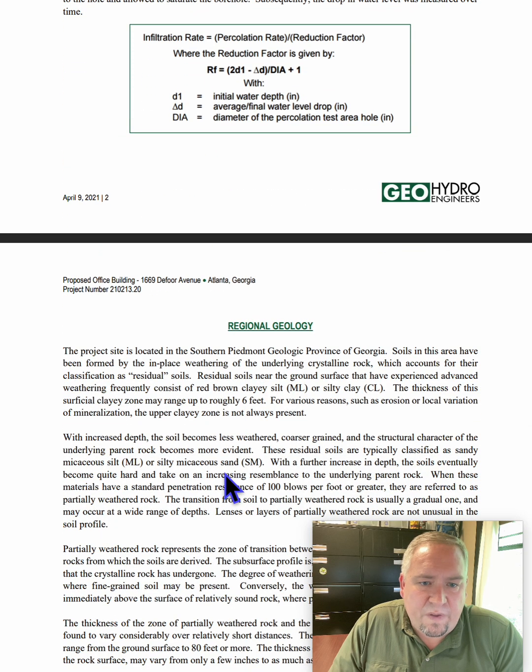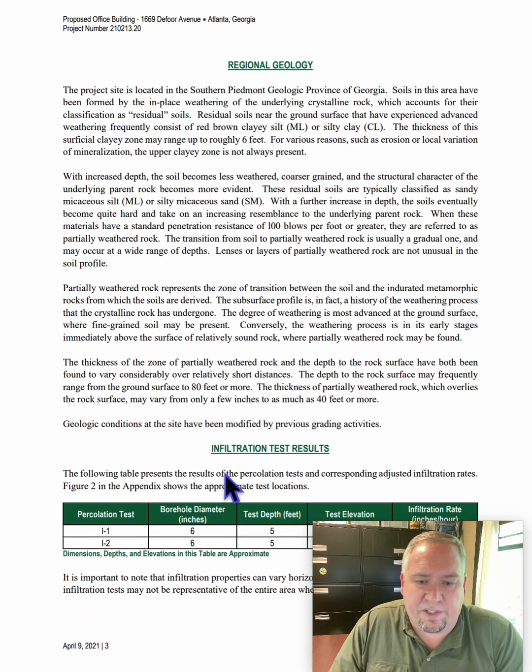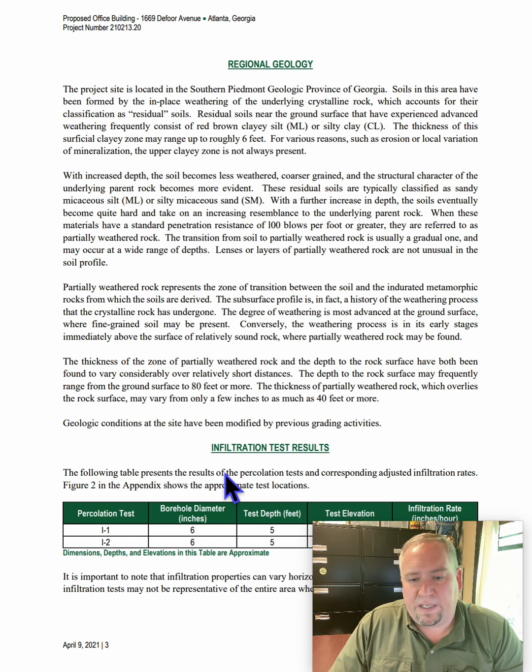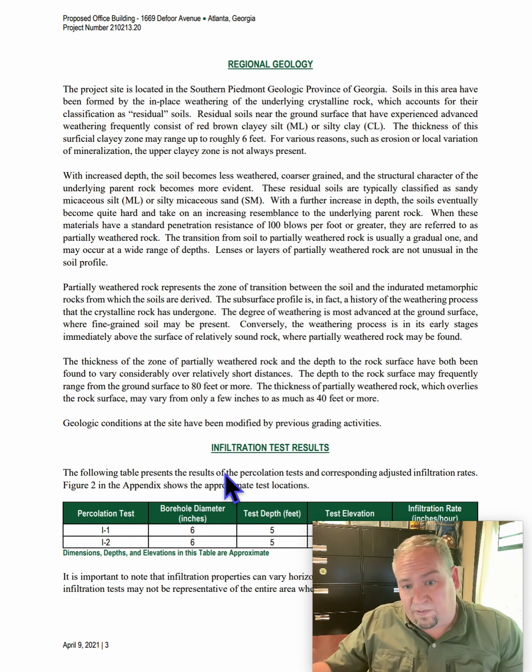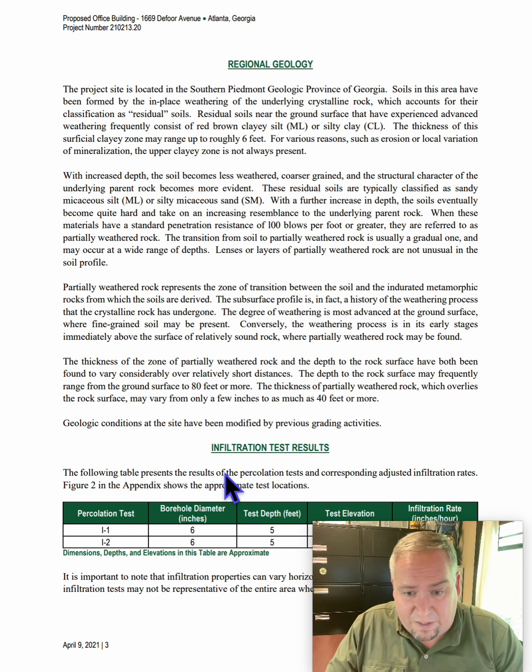So we're going on here. Regional geology. This is kind of standard. The registered geologist here is going to say, okay, if you're down there in Macon, you're at the Piedmont line, where it transitions into sand for South Georgia. You're in the Savannah district, or you're in the North Georgia district, where you're on the foothills of the hills and the mountains.